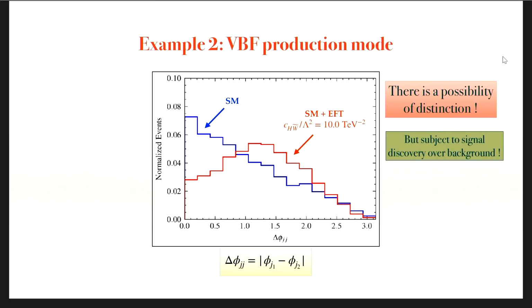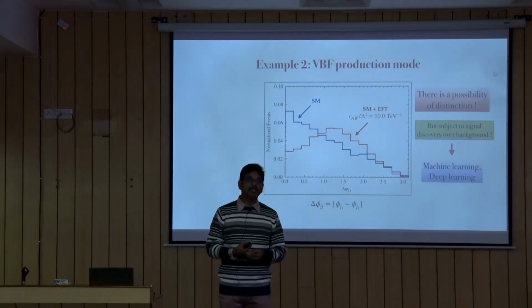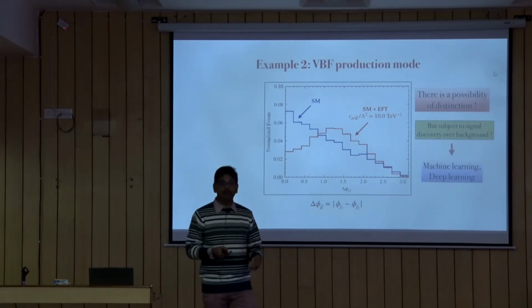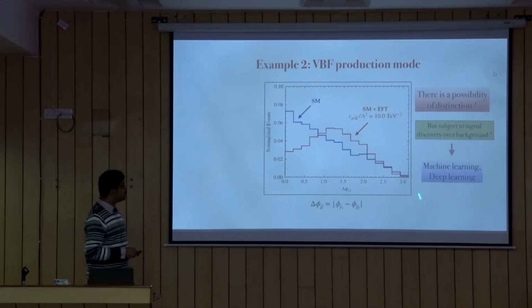All these nice features that we just talked about are subject to signal discovery over the background contamination, and this is where recent machinery is being used to segregate signal and background distributions, via machine learning and deep learning techniques, which many of you I am sure are working on, and so this is going to be a great help.